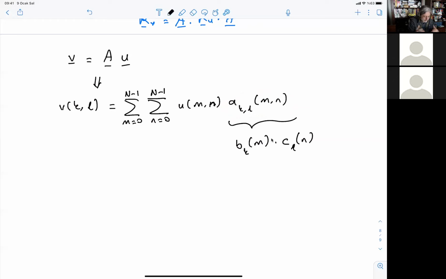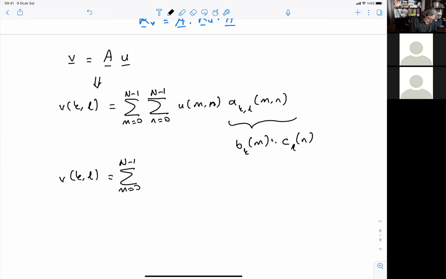That's the way that things are designed. Now, if they are separable like this, then we come up with a separable notation of this: V of K and L is equal to summation over M.